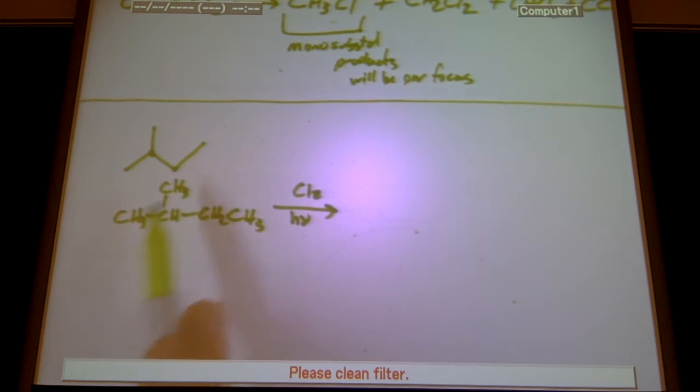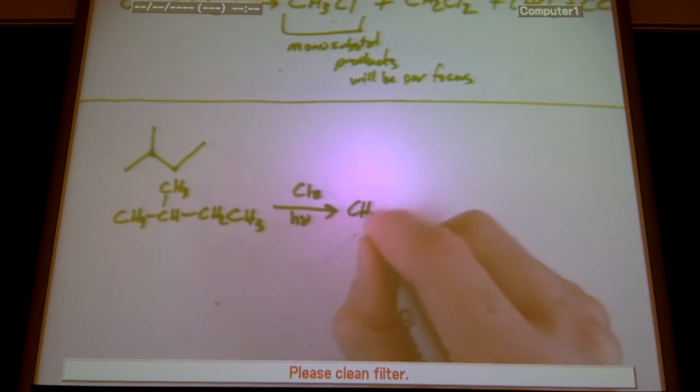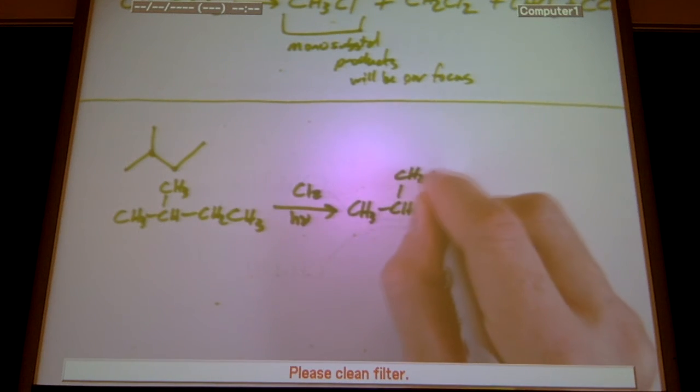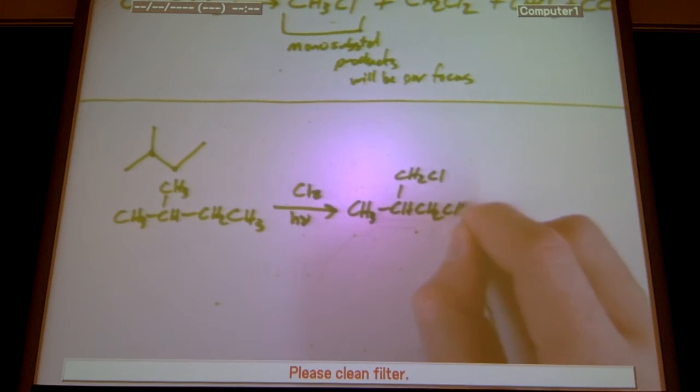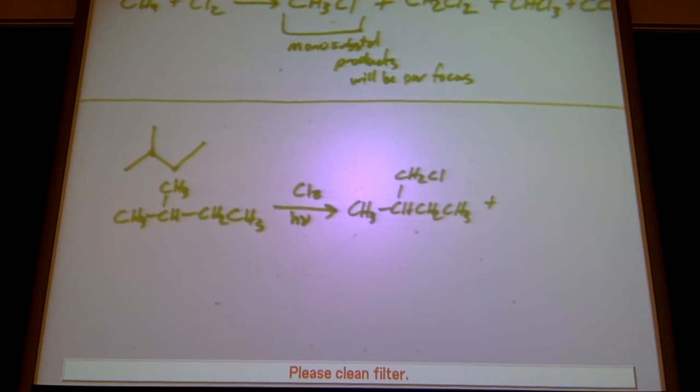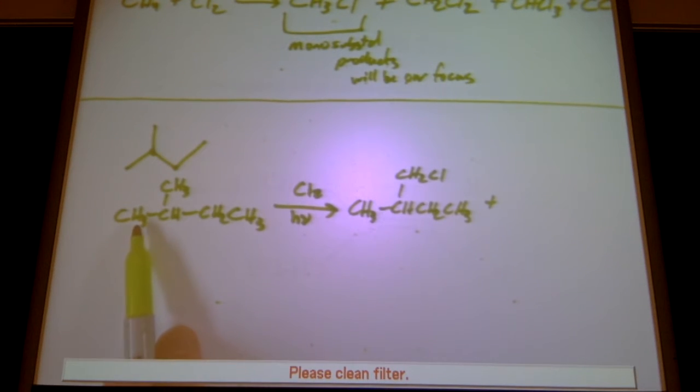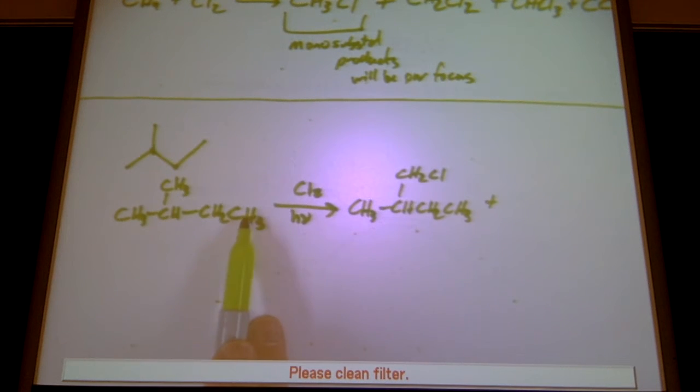So any one of these hydrogens on this compound can be replaced with a chlorine. So like one of these hydrogens of the CH3 can be replaced with a chlorine. Now if I replace one of these hydrogens, it's the same thing as replacing one of these hydrogens. So any 6 of these hydrogens would give you the same product. These two methyl groups are attached to the same thing. But this methyl group's attached to something different, so that would be a different product.